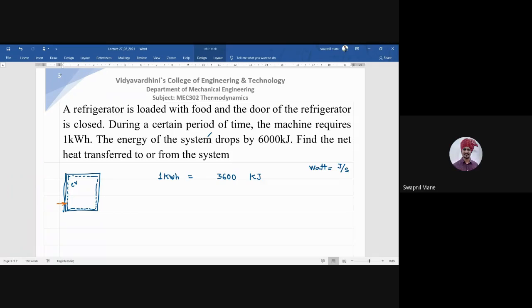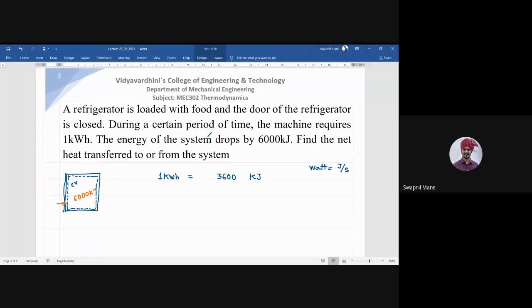And how much is it consuming? 1 kilowatt hour, which means 3600 kilojoule. By consuming 3600 kilojoule, the energy of the system drops by 6000 kilojoule. What is the system? The system is this.